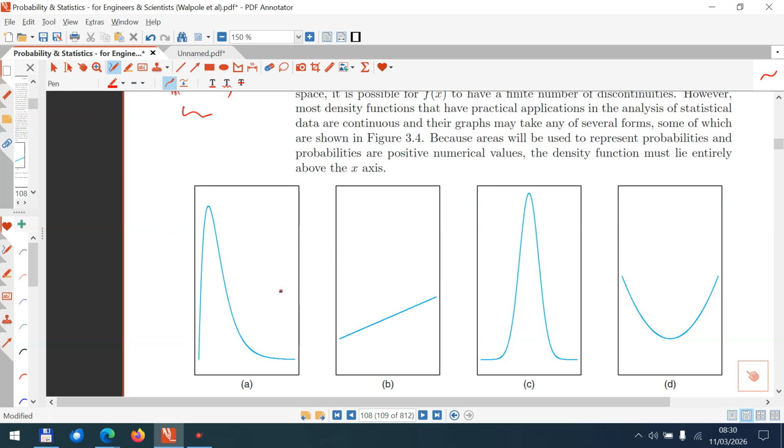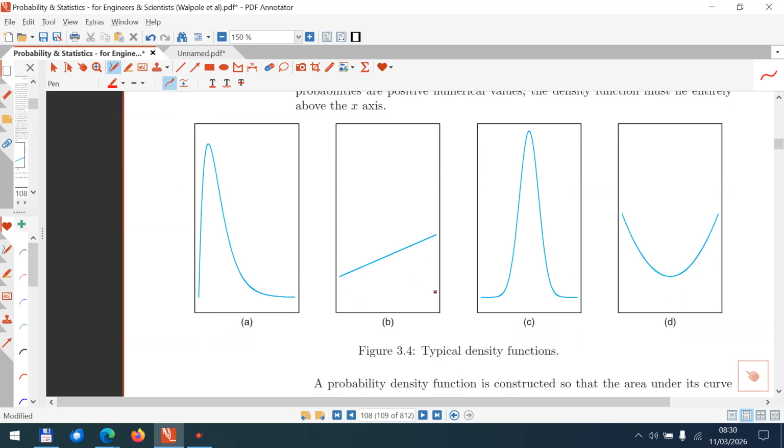These are some typical plots of density functions. Now, if you are given such a plot, the parts that are not shown are assumed to be zero, like this. You cannot leave it undefined, right? Why can't you leave it undefined? Any idea?